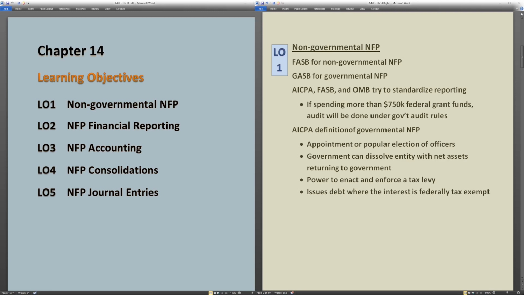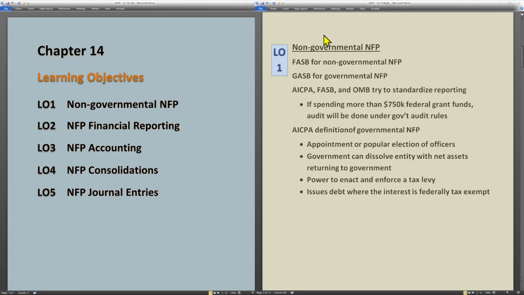Additionally, I find that the nonprofit part is a little more straightforward because a lot of the nonprofit rules are FASB based, meaning they're more for-profit GAAP based, with obviously a good number of things that are different. So starting off with non-governmental nonprofit, then moving into governmental is a little bit easier in my opinion.